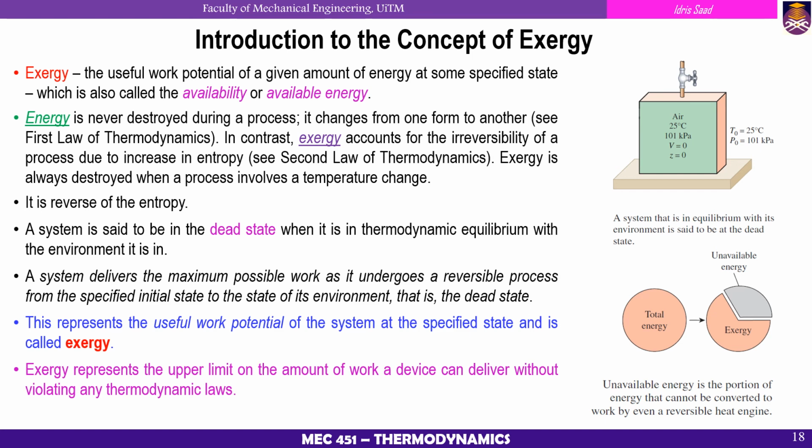A system delivers the maximum possible work as it undergoes a reversible process from the specified initial state to the state of its environment, which is the dead state. This represents the useful work potential of the system at the specified state, and that is called the exergy.